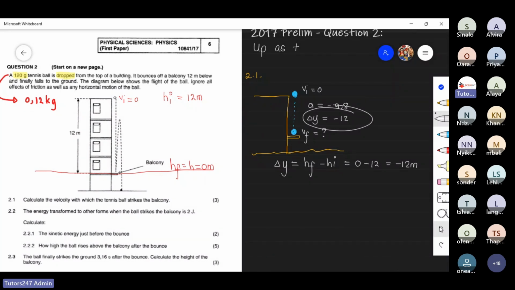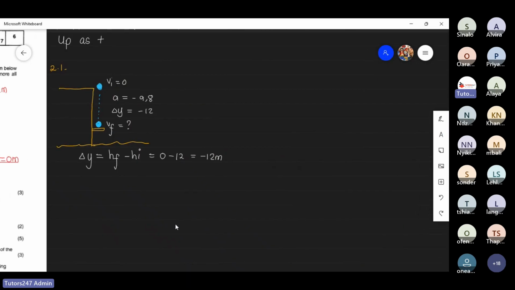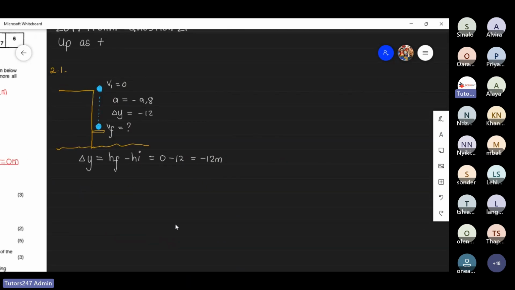So let us move on to calculating the velocity. Now that we have our values, let us try to identify what formula we can use.